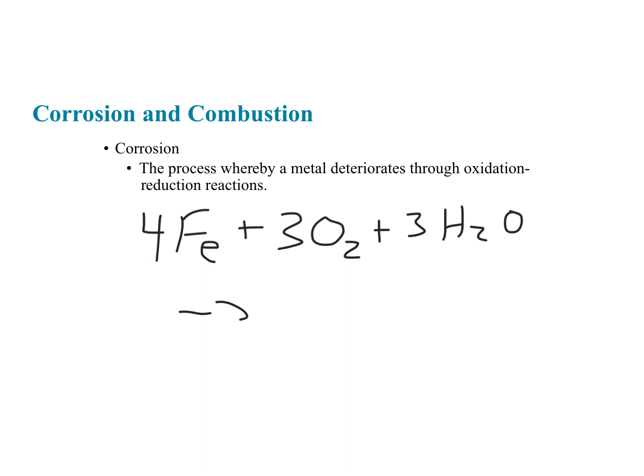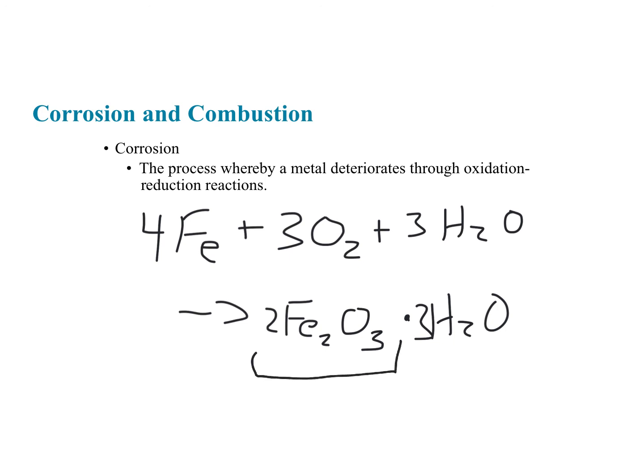And what does that yield? It yields 2 iron oxide and weakly bound water molecules. And so this is what we call rust.